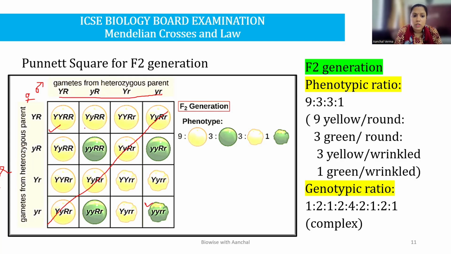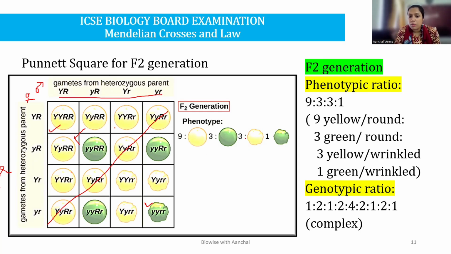Then you have these two as same, and there is a green color one in between. So this gives you the genotypic differences. Generally, if you see the genotype, there are 9 varieties produced on the basis of genotype. So you can see here 1:2:1, then 2:4:2, then again 1:2:1.